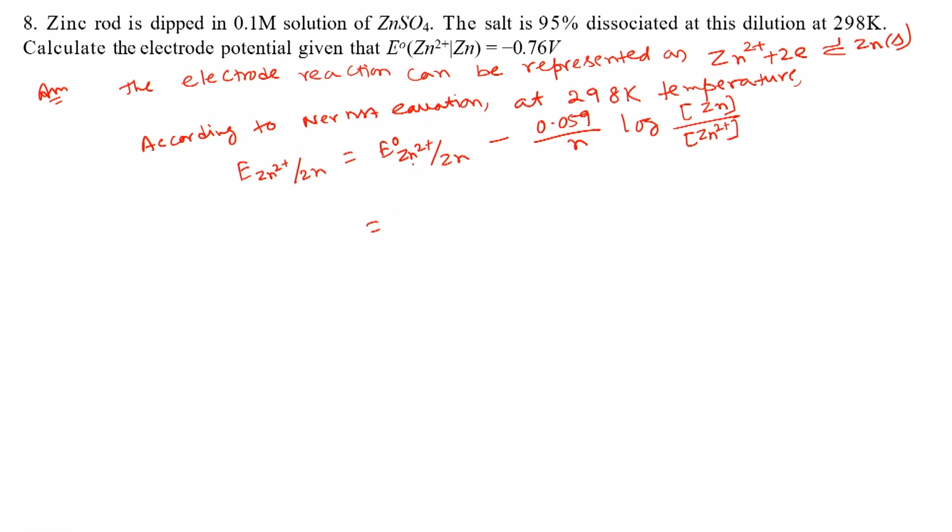So, the value of E naught is given, minus 0.76 volt, minus 0.059 by 2, log of concentration of Zn solid, which is again 1.